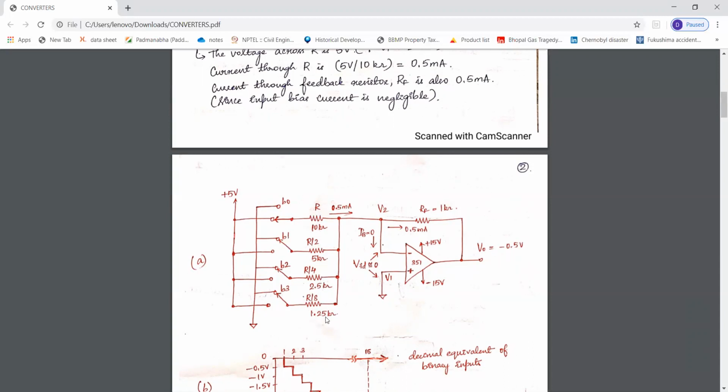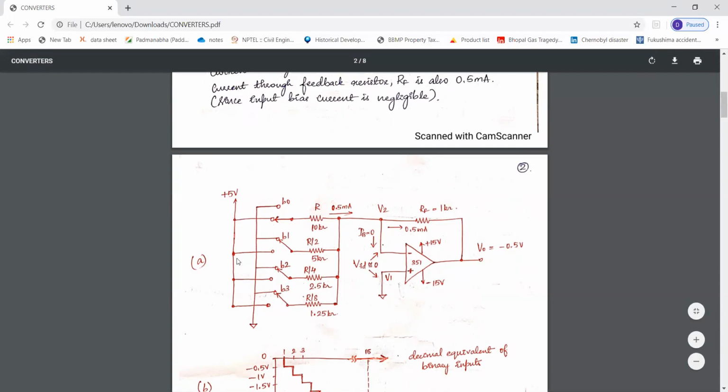Since there are 4 binary weighted resistors, this is considered a 4-bit binary converter, and these are the 4 switches, B0, B1, B2 and B3, which will connect these resistors to the power supply of 5 volts, and this is connected to the inverting configuration of the op-amp. As you can see here, the non-inverting terminal is grounded, and this feedback path has a feedback resistance of 1 kilo ohm. So this is simple.